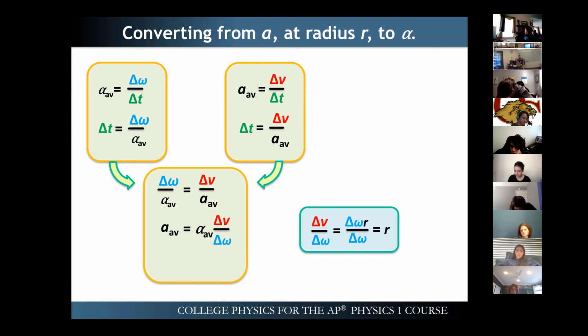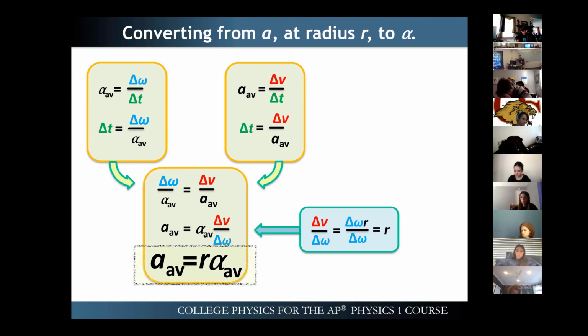So the change in velocity over the change in angular velocity is equal to the radius. Therefore, if I know the angular acceleration, I can multiply it by the radius and get my linear acceleration. The same exact pattern we saw for velocity, that the radius connects the two mathematically. And this is yet another equation that College Board does not provide.